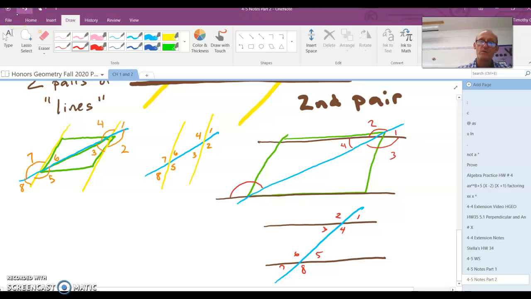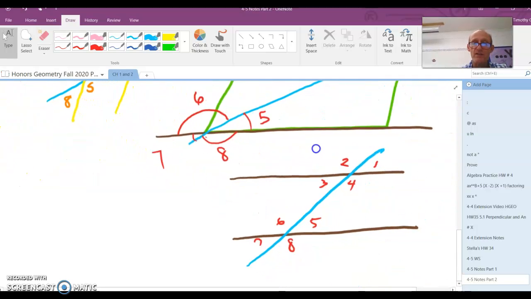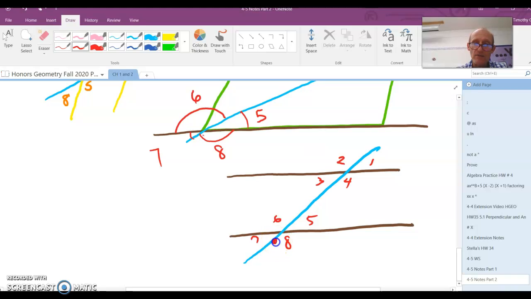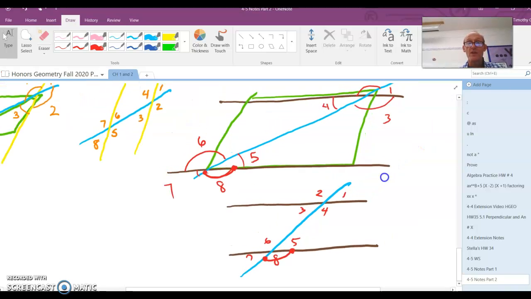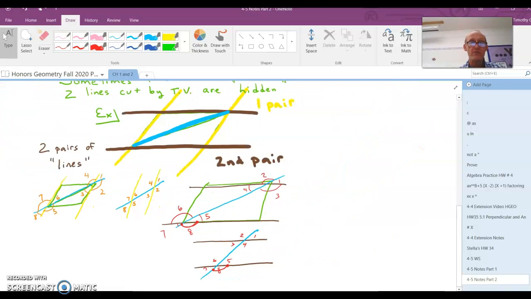So this is 6 actually, this angle here is 5, this one was 7, and this angle here was 8. Notice where I start and stop the angle. So there's a lot going on when you have parallel lines and two different transversals.